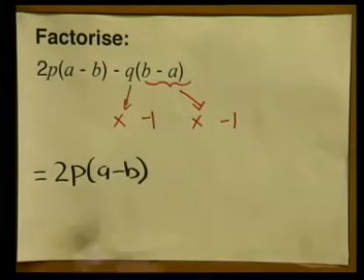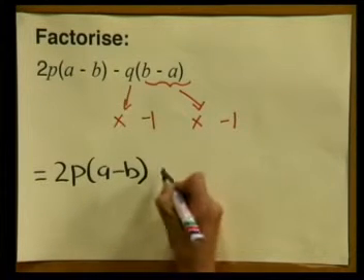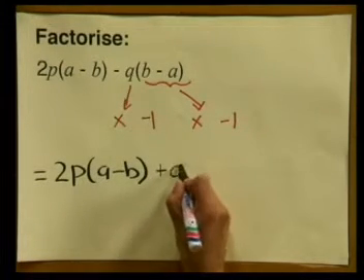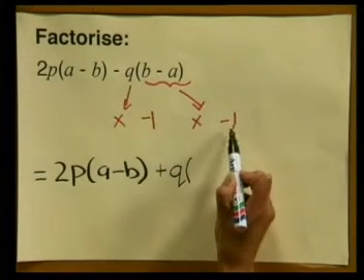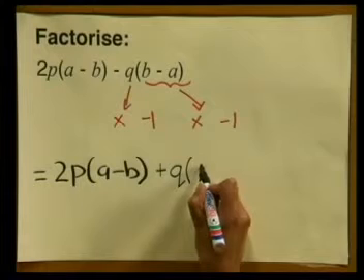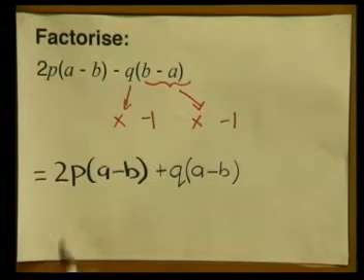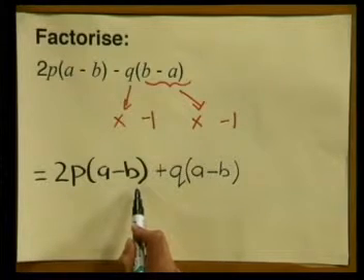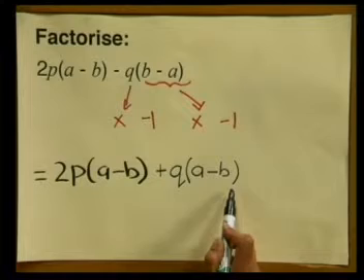So if we see what happens, minus q multiplied by minus 1, we are going to get plus q. And then b minus a multiplied by minus 1, we will be left with a minus b. So now we have 2p multiplied by a minus b plus q multiplied by a minus b.